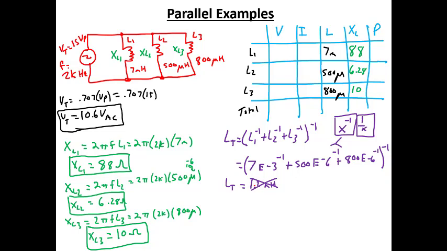So it's 7 milli to the negative 1 plus 500 micro to the negative 1 plus 800 micro to the negative 1, close parenthesis, to the negative 1.